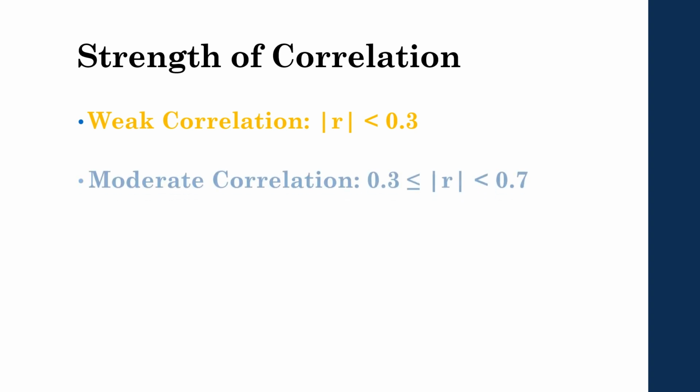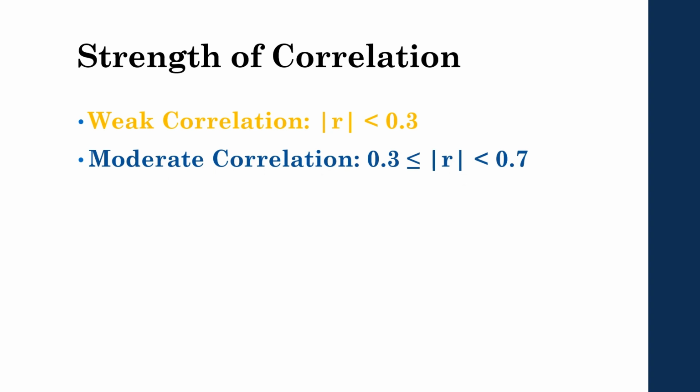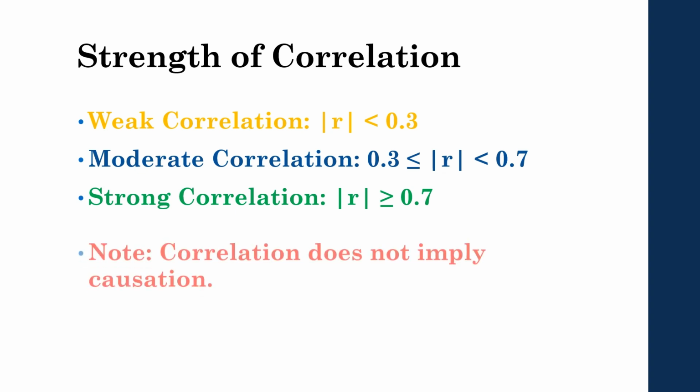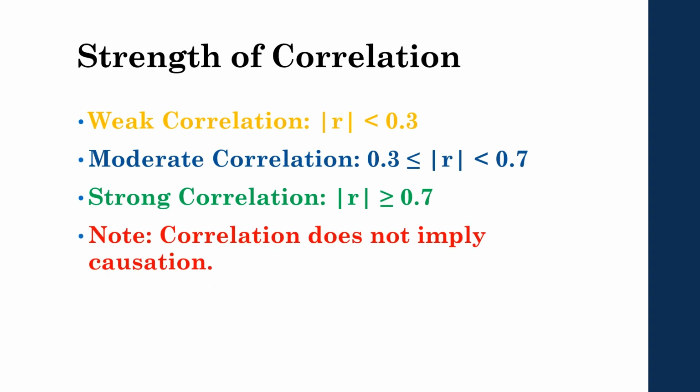Moderate correlations, with R between 0.3 and 0.7, suggest a noticeable but not strong relationship. Strong correlations, where R is greater than 0.7, reveal a strong association between the variables. Remember, though, that correlation does not imply causation. Even strong correlations don't guarantee that one variable causes the other to change.